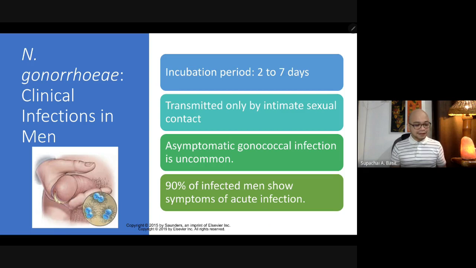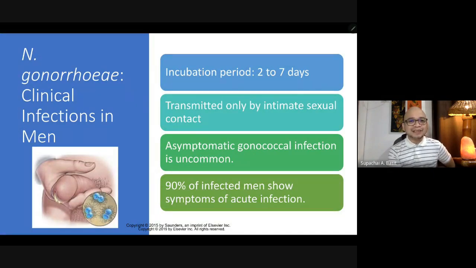Let's talk about the clinical infections of Neisseria gonorrhoeae in men. The incubation period is between 2 to 7 days.